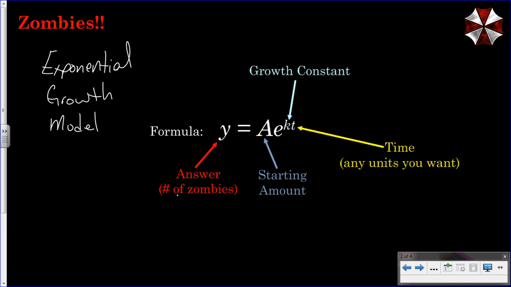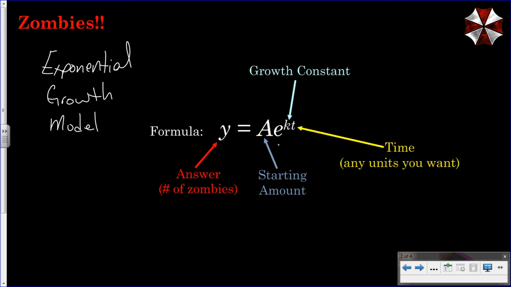Now y is our answer, which is going to be our number of zombies. A is our starting amount of zombies.